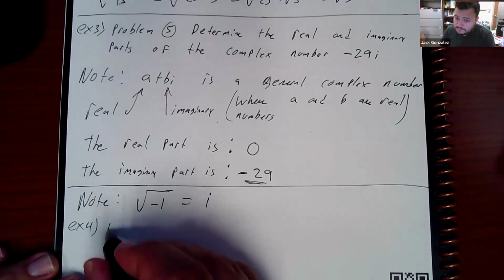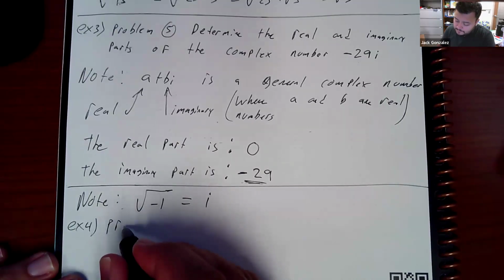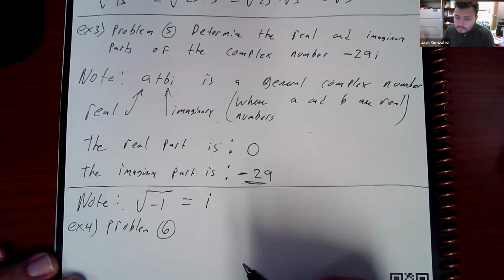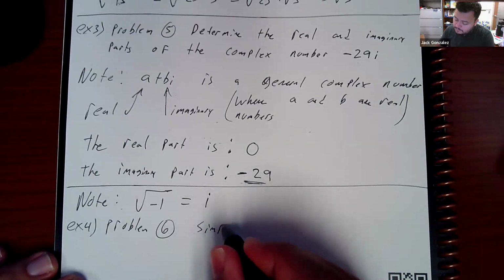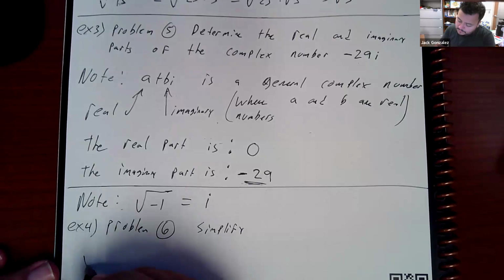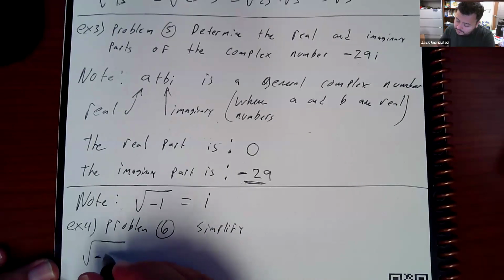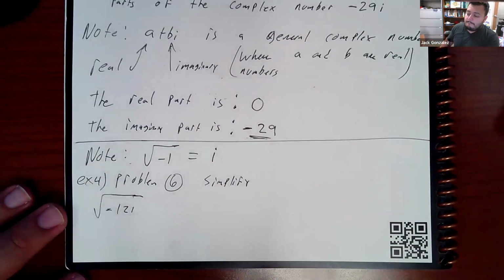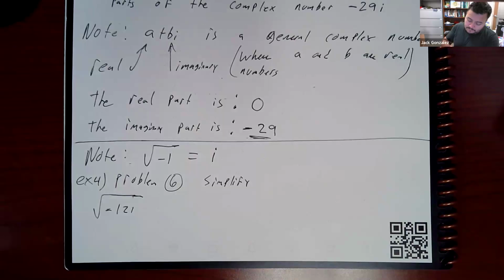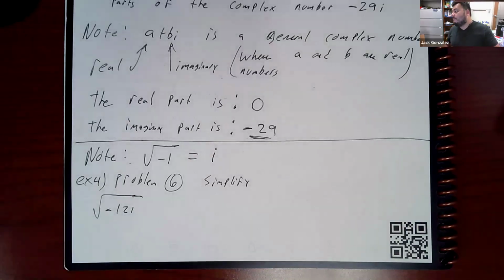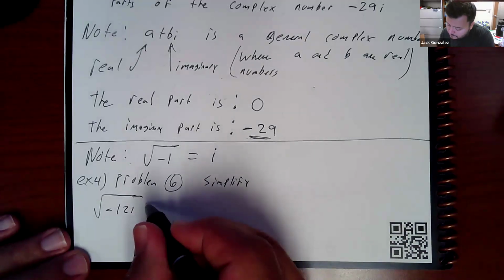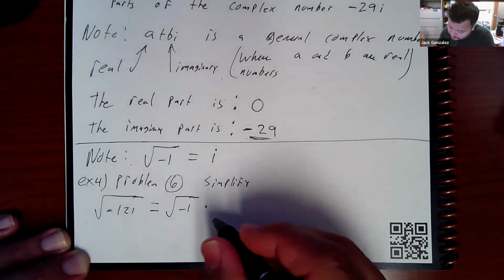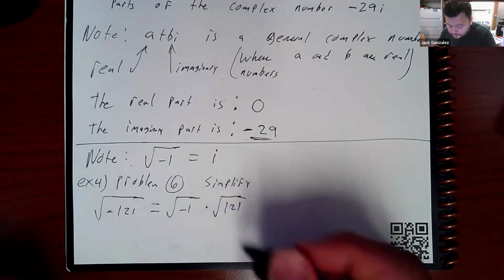So for example, the square root of -121. To separate the -1 and 121.